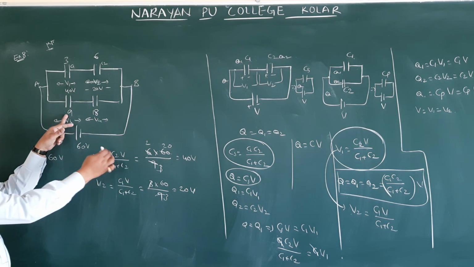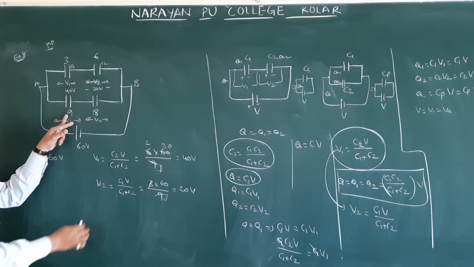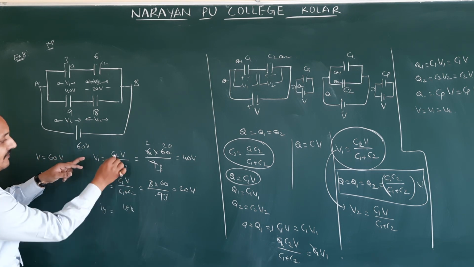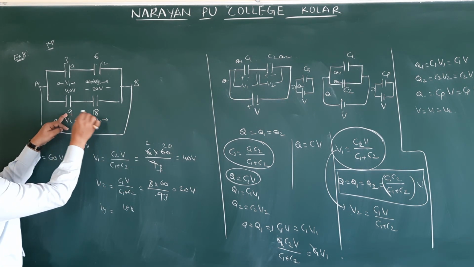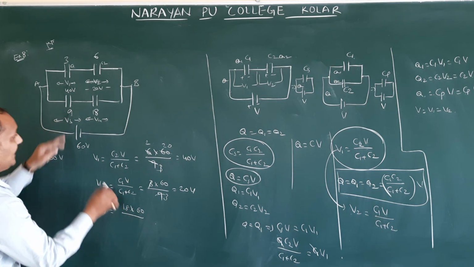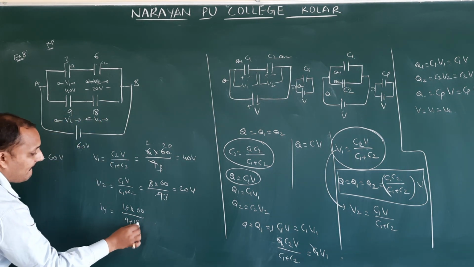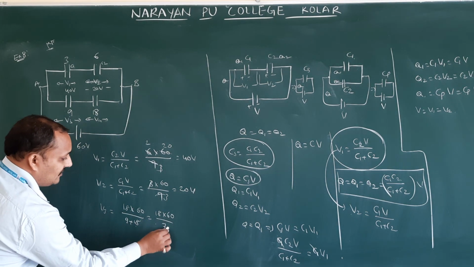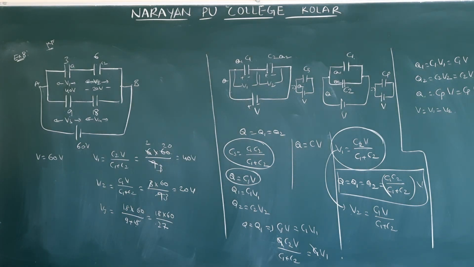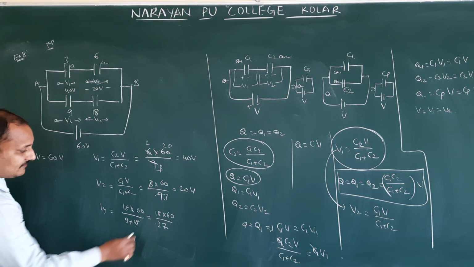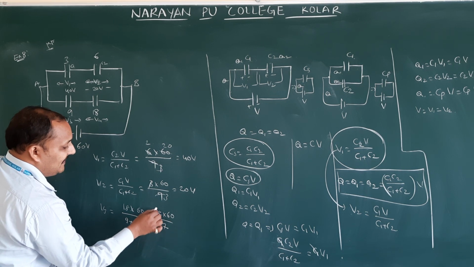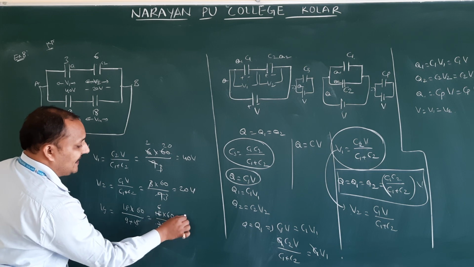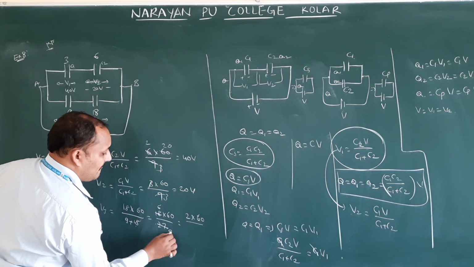Here you take the C2 value as 18, using C2V by C1 plus C2. 18 into 60 by 9 plus 18, that is 27. So 3 will be cancelled: 6 threes, 9 threes. Again 3 will be cancelled. So 2 into 60 by 3.